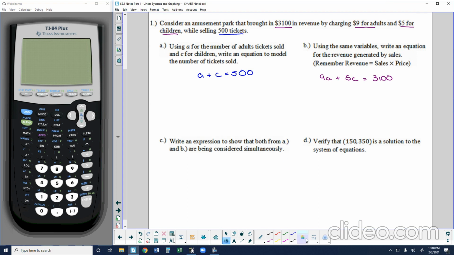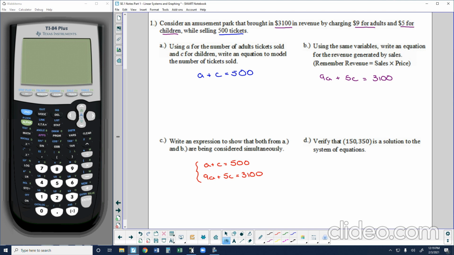So generally how we write a system of equations is we put them together with this notation that tells us that we're going to be combining these two equations into a single system, looking for an answer to both of them. So I have an equation from A, an equation from B, and together they are a system.